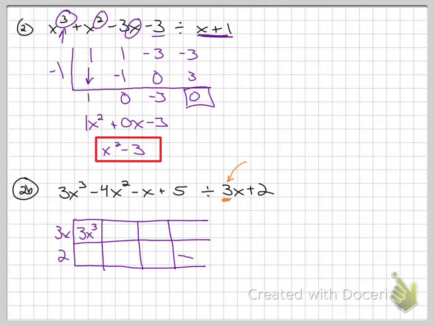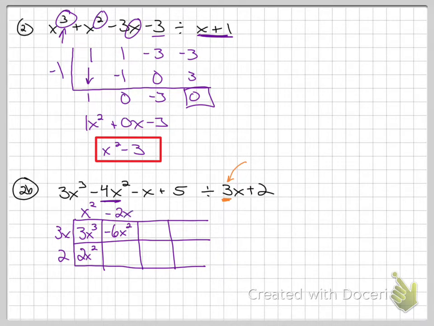Okay, 3x times this must be x squared in order to get 3x cubed. Finish the column. X squared times 2 is 2x squared. This diagonal has to add to equal the next number. So this must be -6x squared. 3x times this must be -2x to get -6x squared.